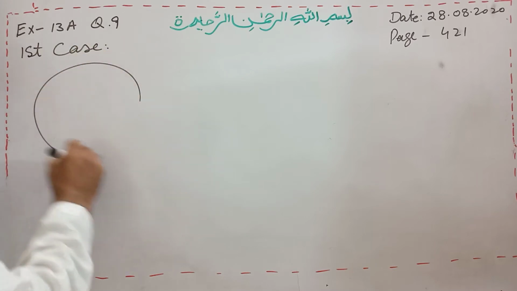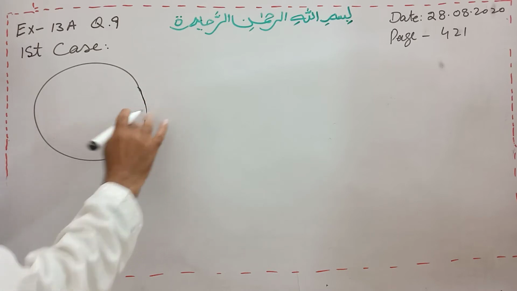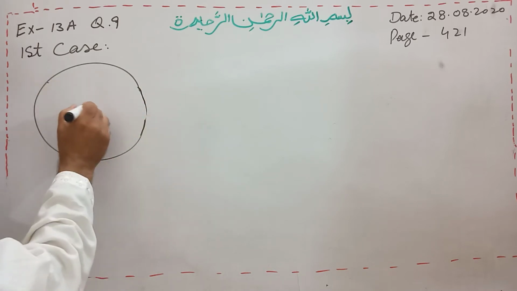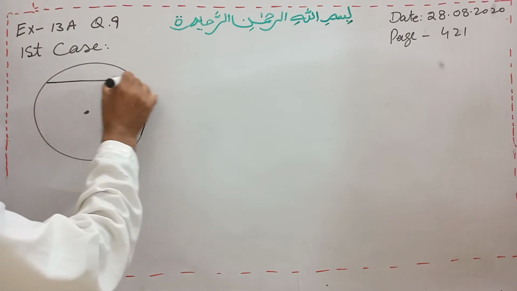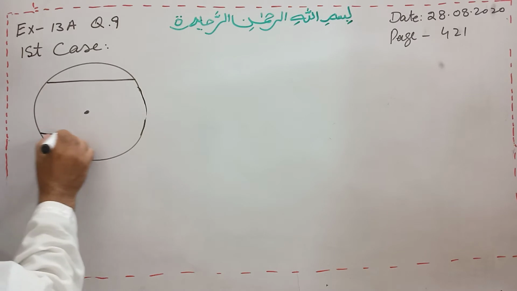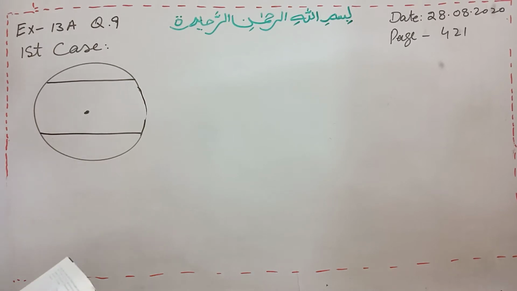If this is a circle with two chords on opposite sides of the center of the circle, this is one chord and this is the other chord. One is longer than the other, 6 centimeters and 8 centimeters.